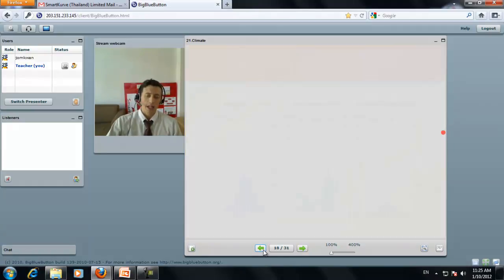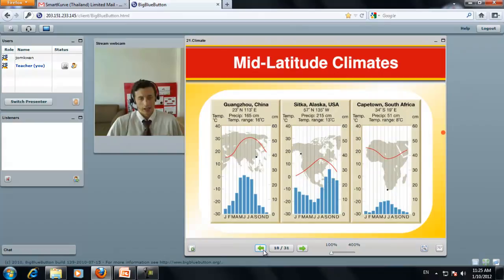Notice on our last slide, 18, when we looked at Guangzhou, Sitka, and Cape Town, these three cities have very different climates, a very different range in temperature, a very different range in precipitation, but they're all near the coast of a continent. Guangzhou, Sitka, and Cape Town, in fact, they're all right on the coast. They're all very close to an ocean.